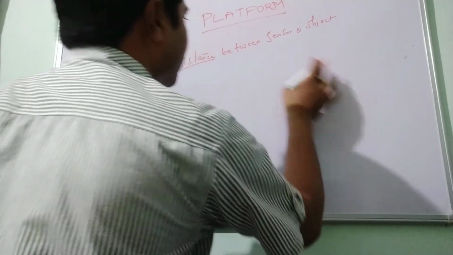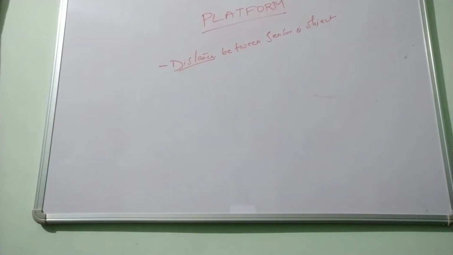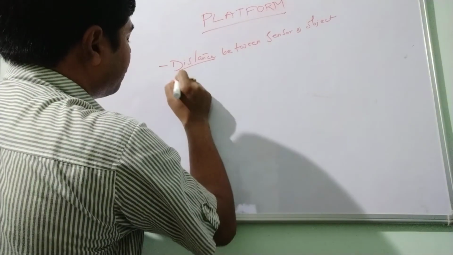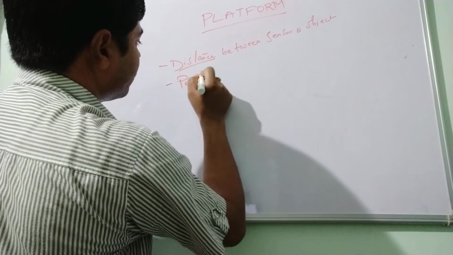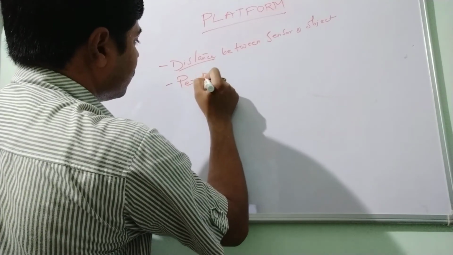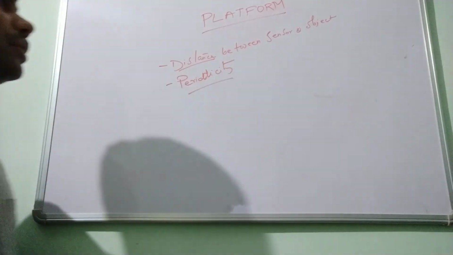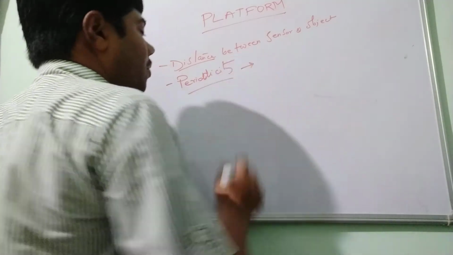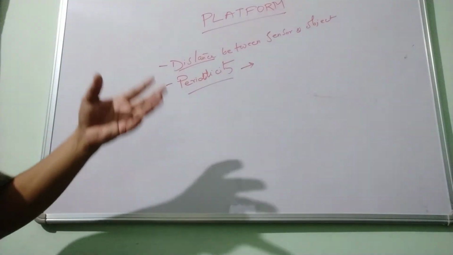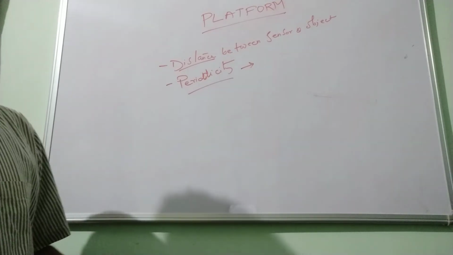Based on that, we fix the distance between the sensor and object. Second, periodicity of image acquisition: after what time are we taking information of the object from the same viewing point?